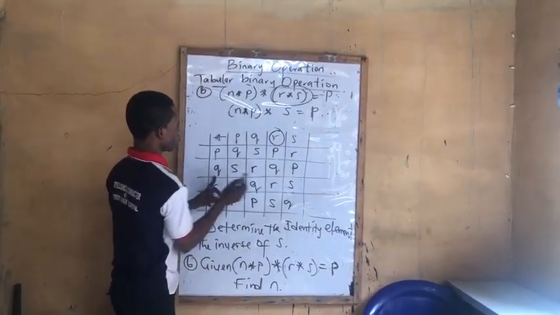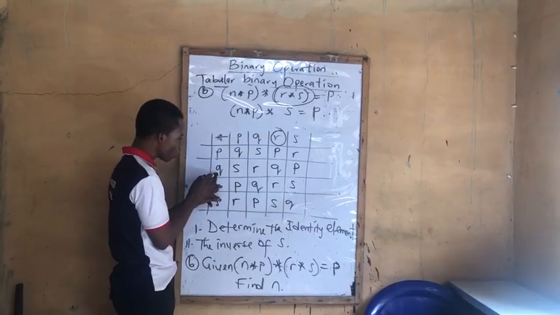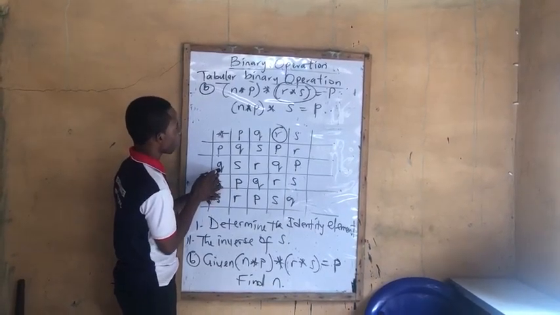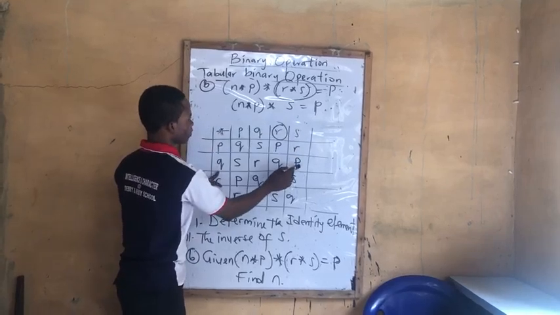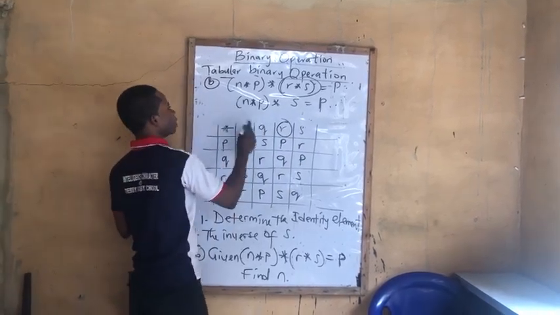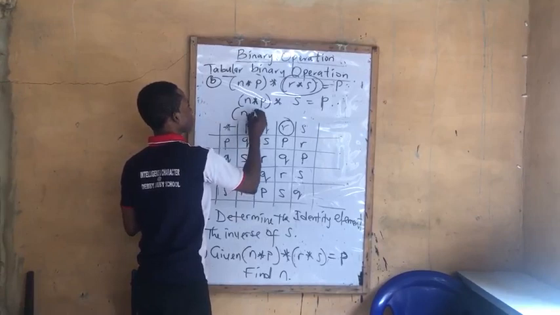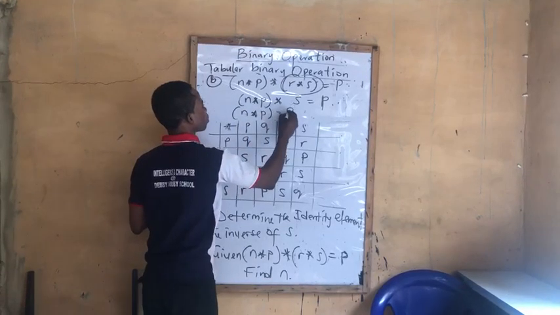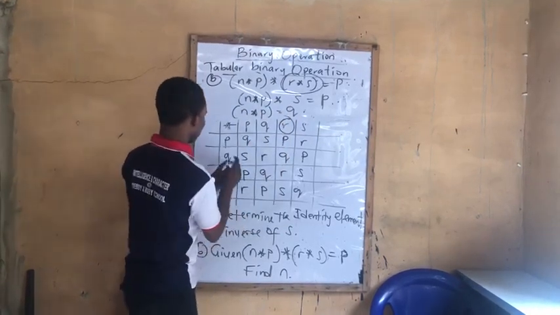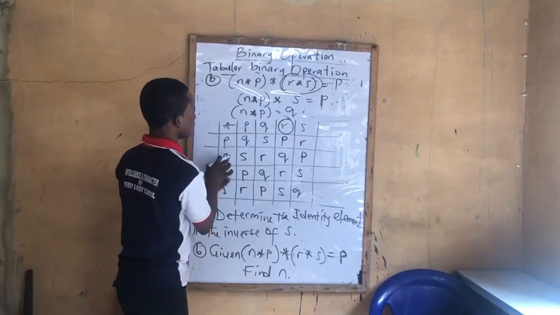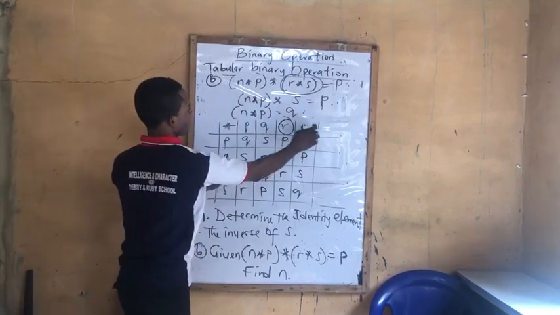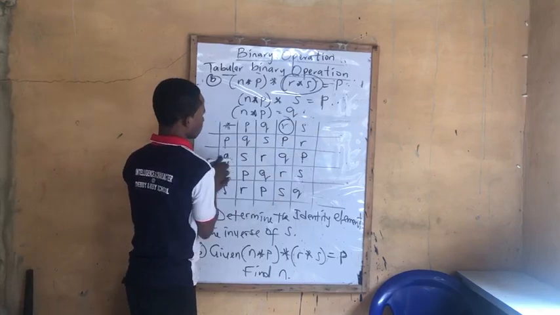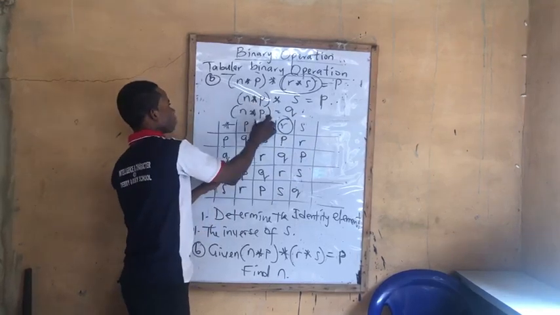So that means I'm going to use Q, because Q asterisk X will give me P. So that means for this value now, N asterisk P must equal Q. As you can see, what I will use against X that will give me P is Q. So N asterisk P must give me Q.